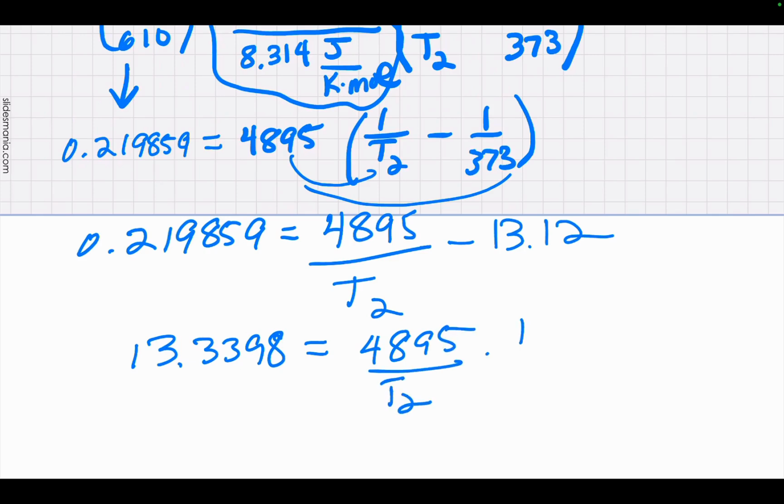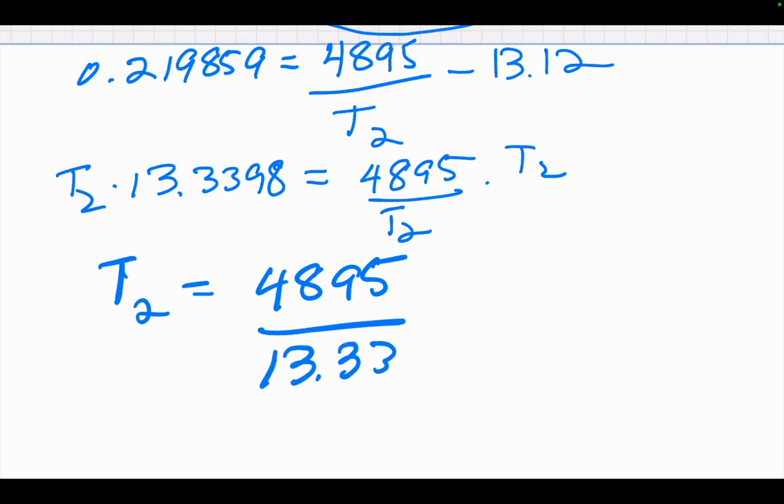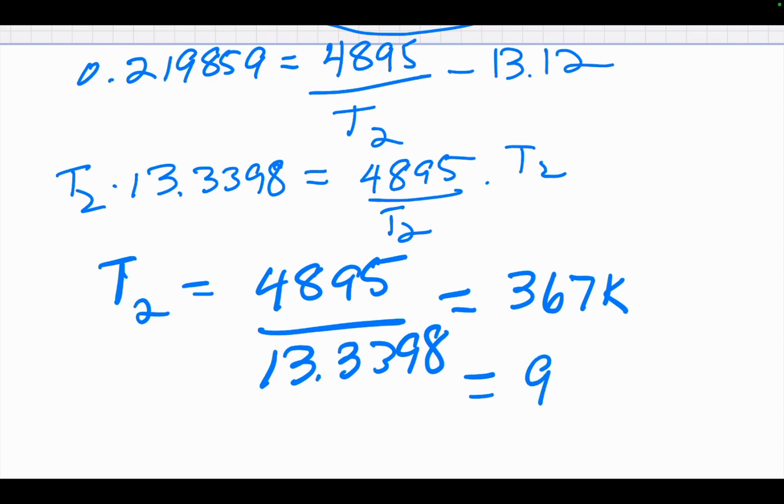So if I multiply both sides by T2, and then I will have this divided by this. And I didn't keep track of my units there, but you definitely can. So when I do this, I end up getting 367 Kelvin. And that, if I were to convert back to Celsius, is 94.